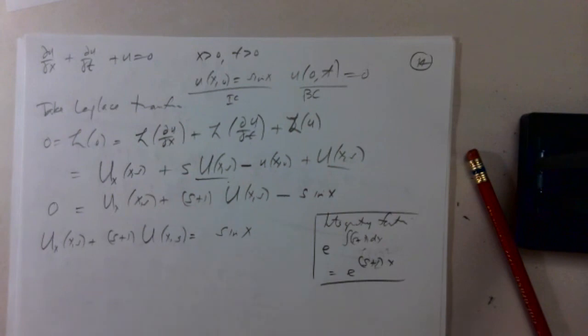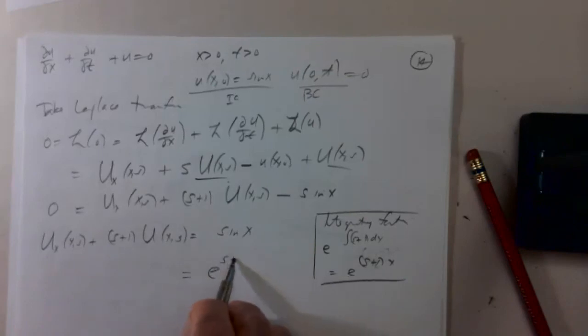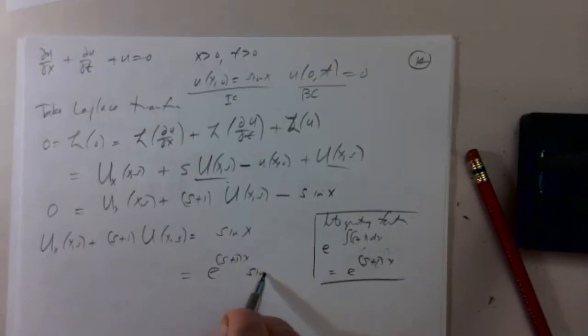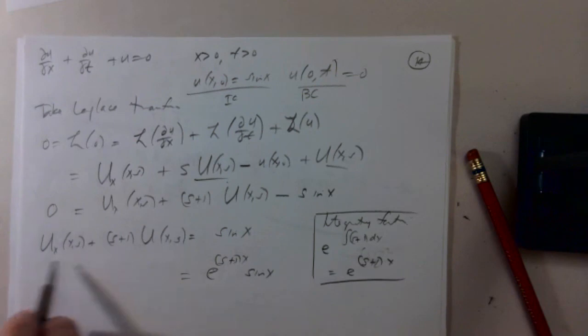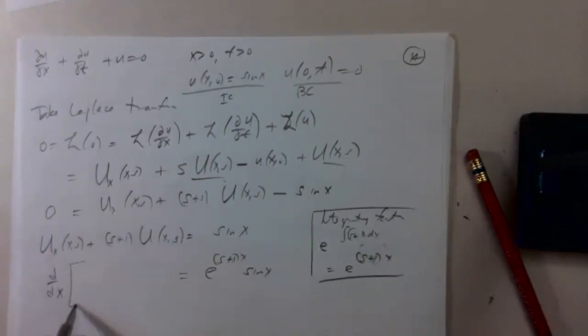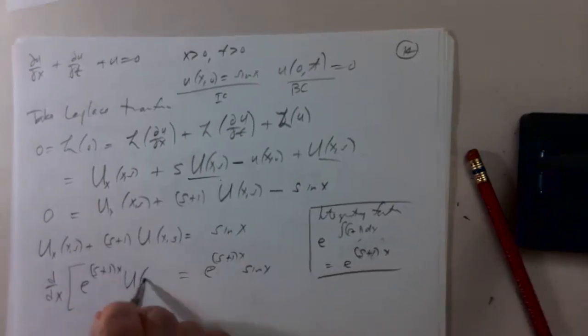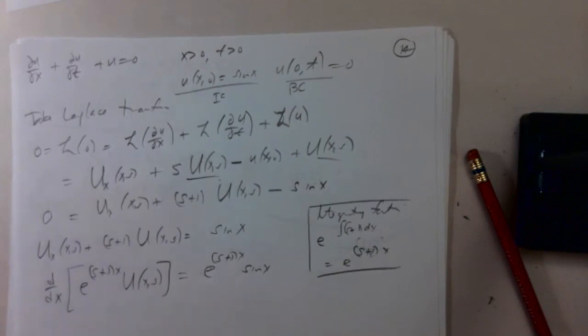So when I multiply through by this, I get on the right-hand side e to the (s plus 1) times x times the sine of x, equals the derivative with respect to x of e to the (s plus 1)x U of x,s.